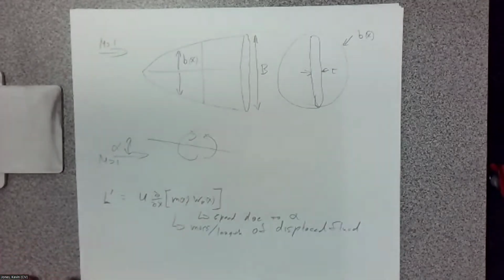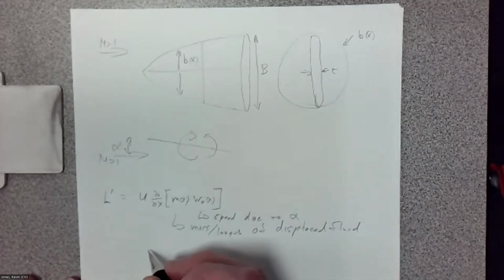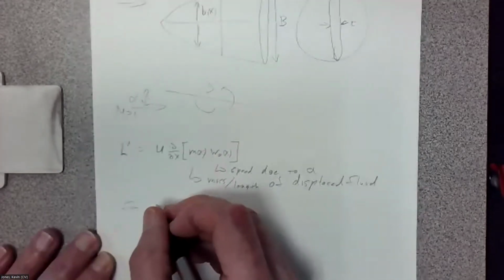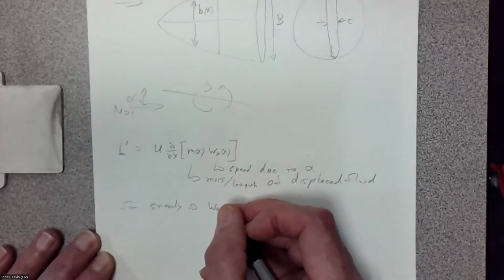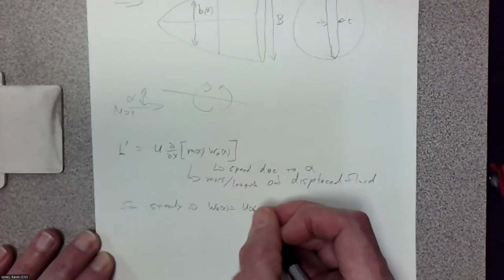So, yeah. If it's a steady problem, then WA of X just becomes U times alpha.